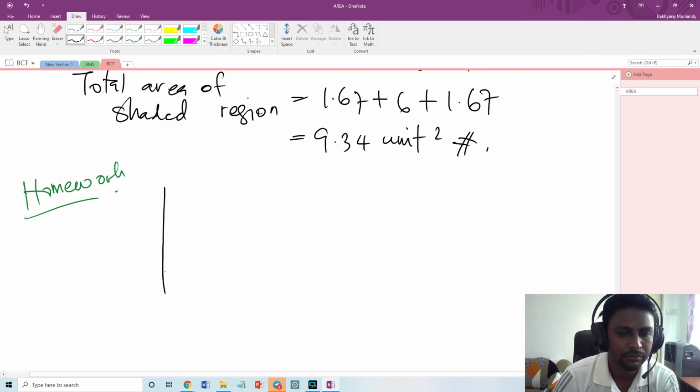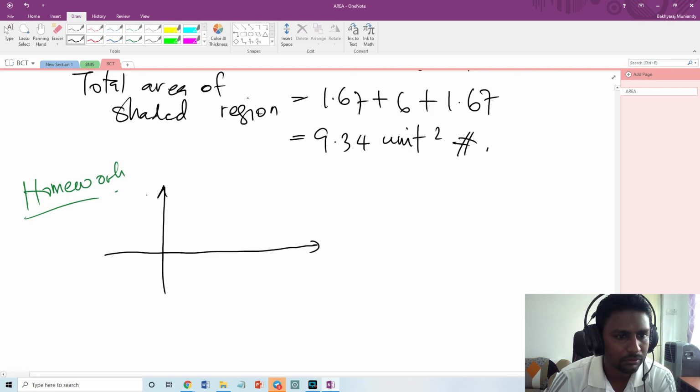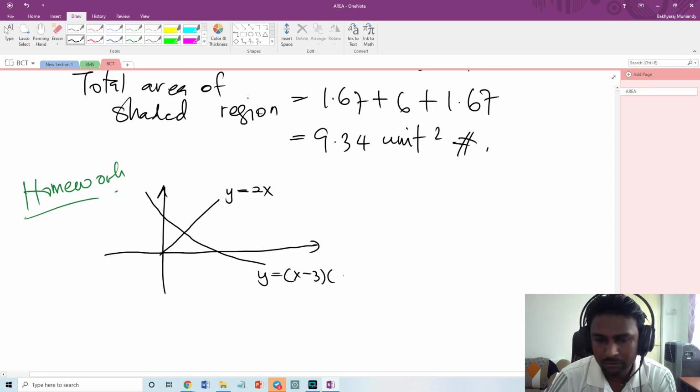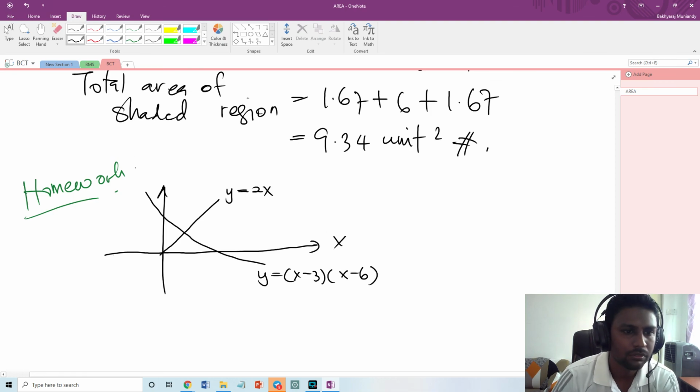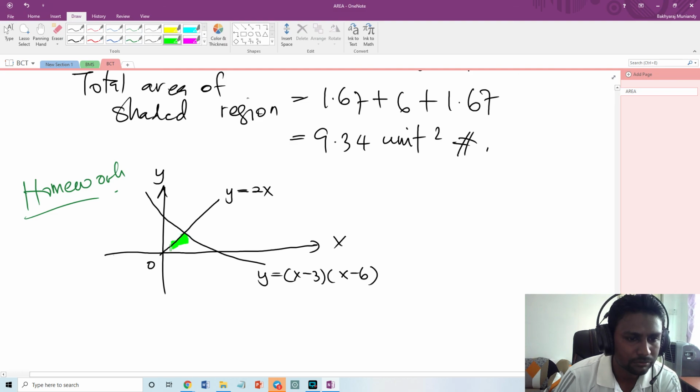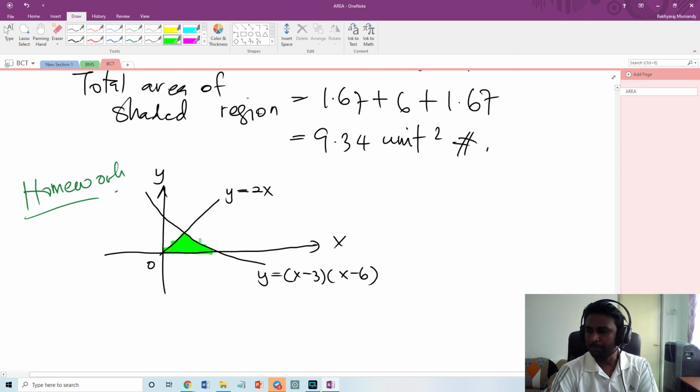So this is the diagram. Try to solve this.